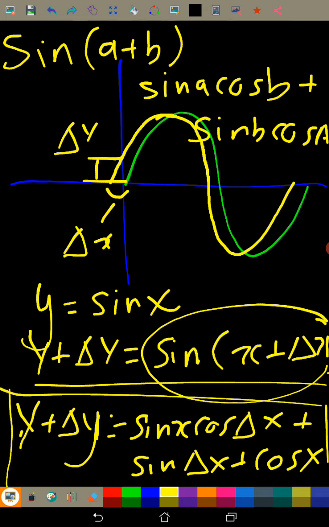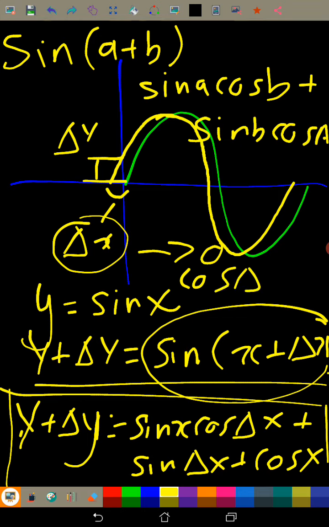That's good. That's really good. I'm looking at this, if I did it right. Yeah, it's right. So if delta x tends to 0, it means that cos delta x tends to 1.